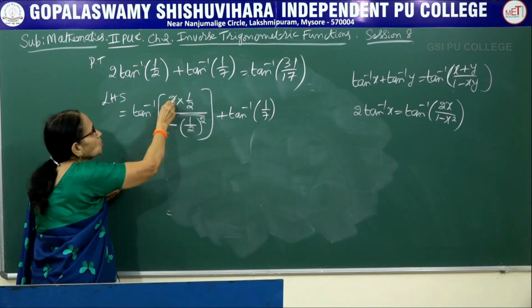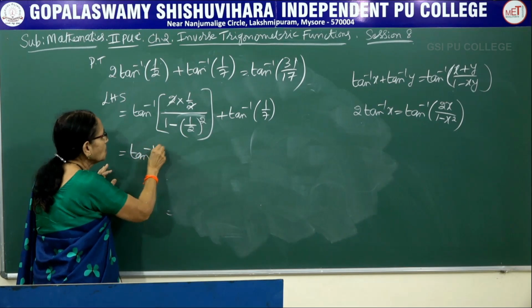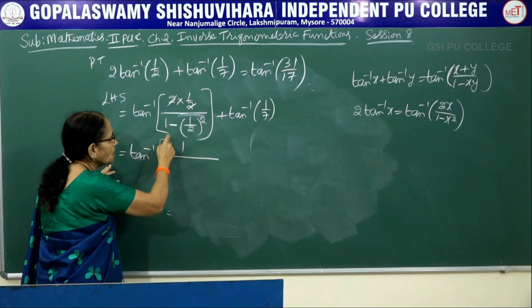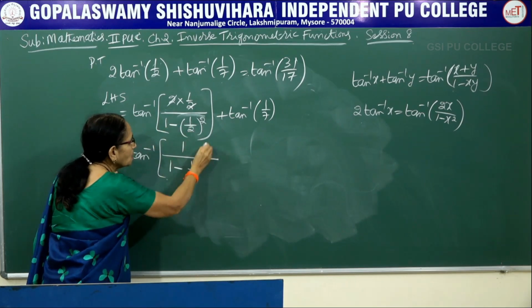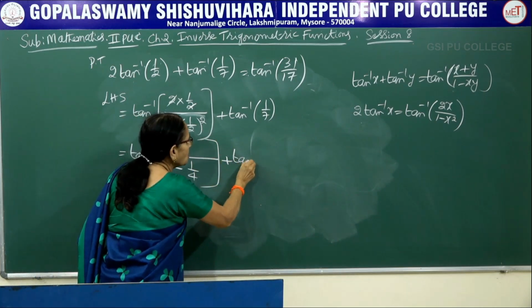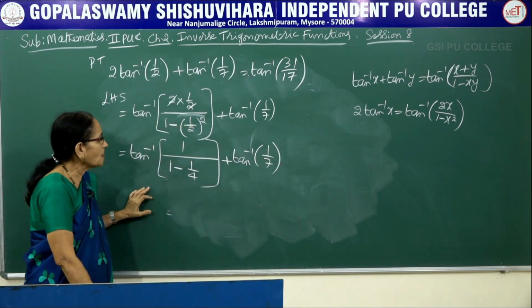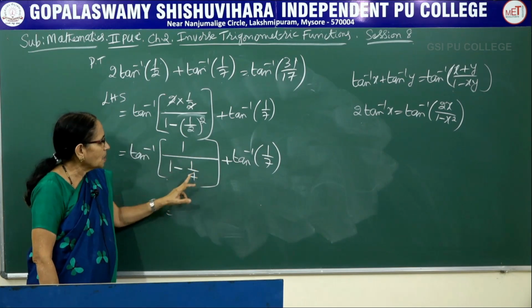Now here 2 and 2 get cancelled. Tan inverse of 1 is remaining. Then write 1 as it is. 1 by 2 whole square becomes 1 by 4, plus tan inverse of 1 by 7. Now here the numerator you keep as it is, denominator 1 minus 1 by 4.